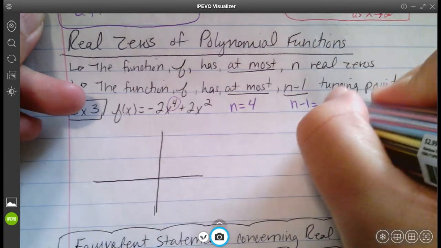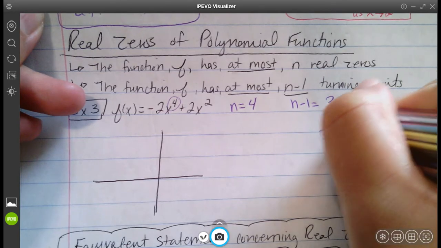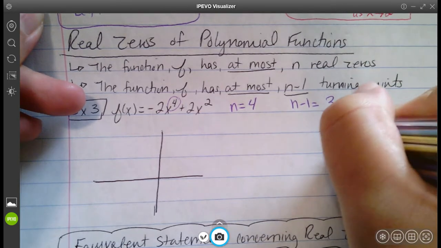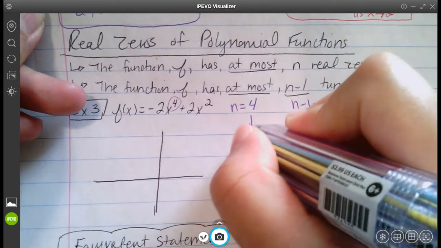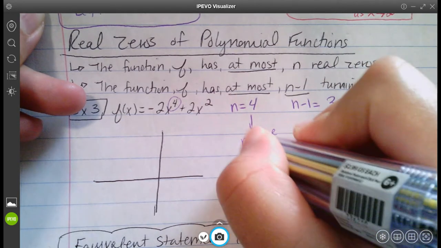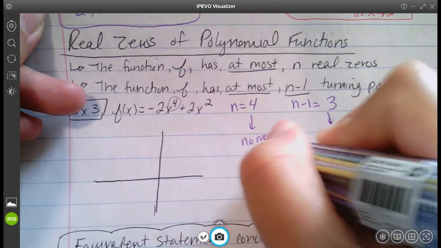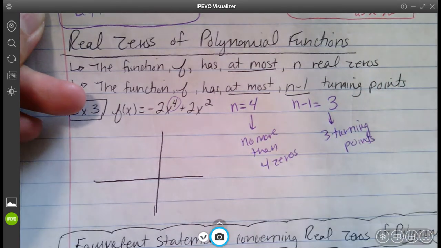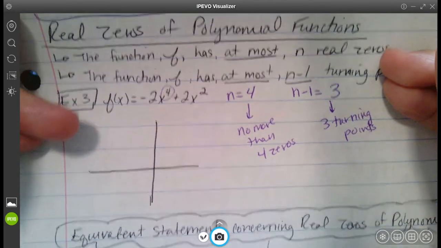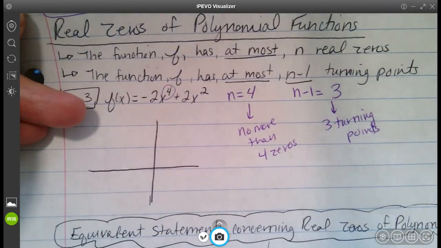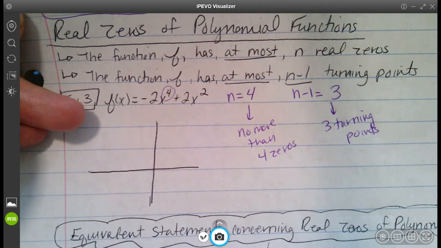So this means that I should have 3 turning points, okay, and no more than 4 zeros, okay? So I believe this one might actually have something that's called a double root, but I'm not quite sure.